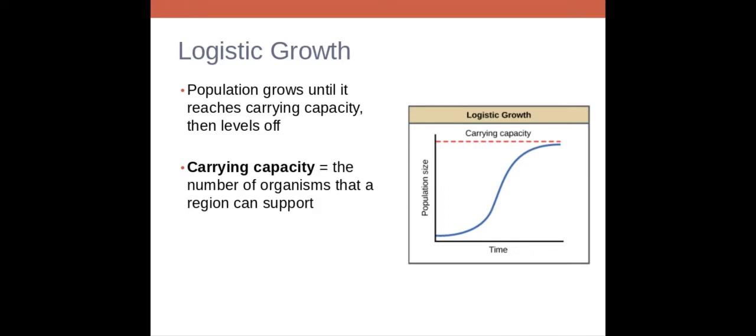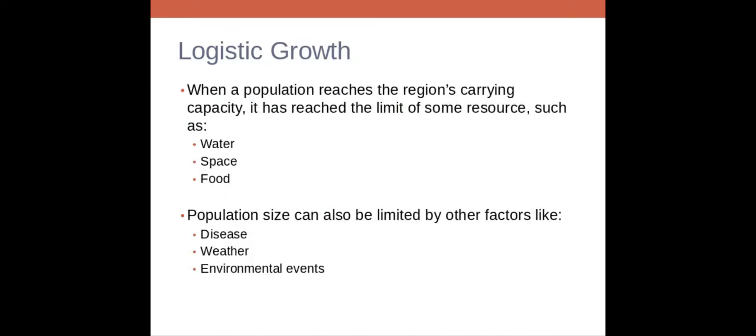What are some things that you think could affect the population size in an area? When a population reaches the region's carrying capacity, it has reached the limit of some resource. Maybe you thought about water, space, or food. These are all things that can slow a population's growth down and bring it to carrying capacity.